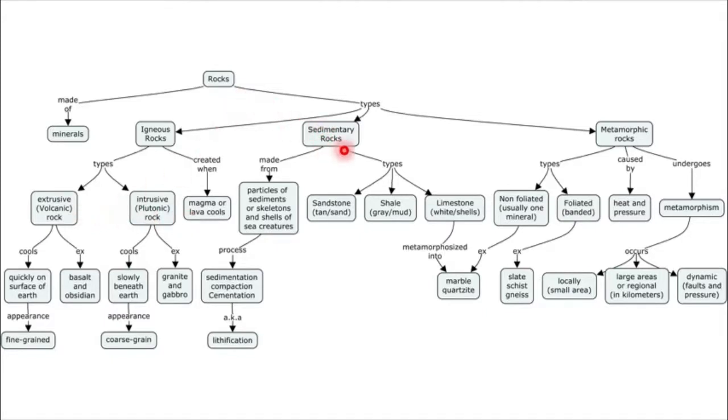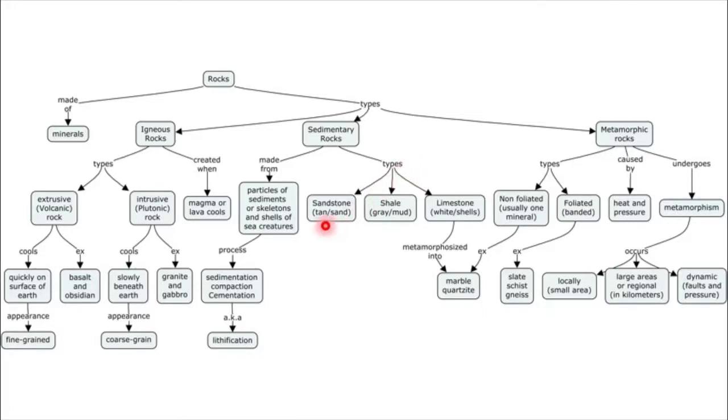Sedimentary rocks are made from particles of sediments and some organic matter, including skeletons and shells. The process of making the sedimentary rock is called lithification, and that includes sedimentation, compaction, and cementation. The three major types of sedimentary rocks that are common in the environment are the following.